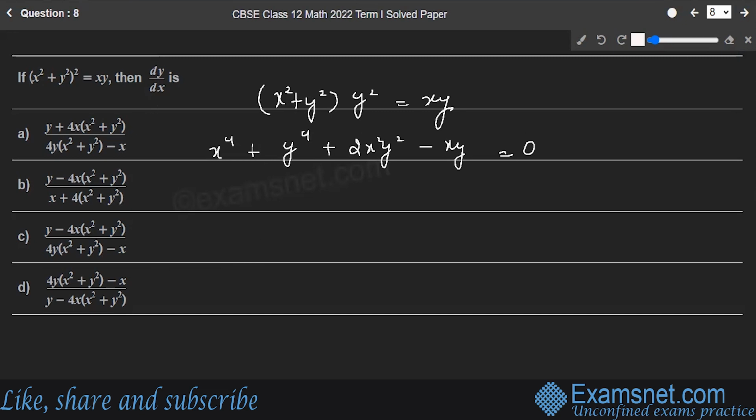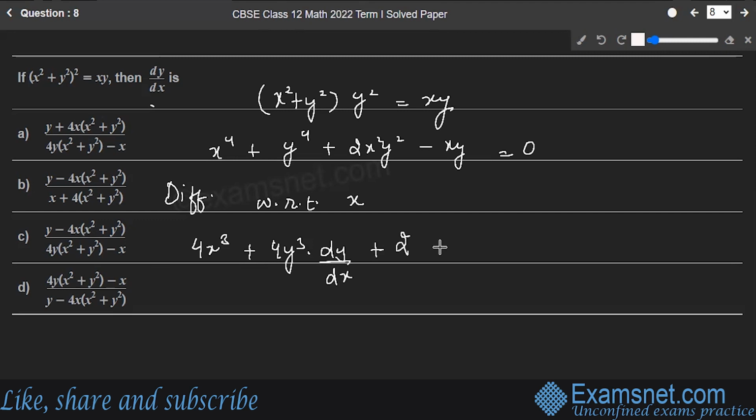Now let's differentiate it. Differentiating with respect to x. This will be 4x cube plus 4y cube into dy by dx plus 2.